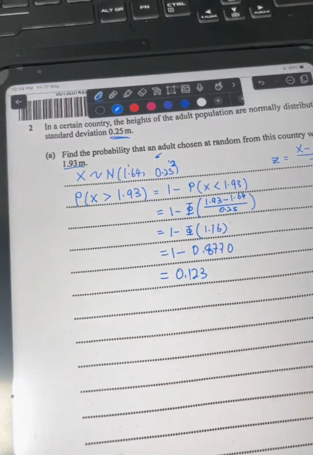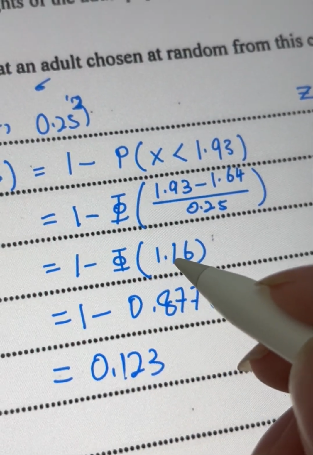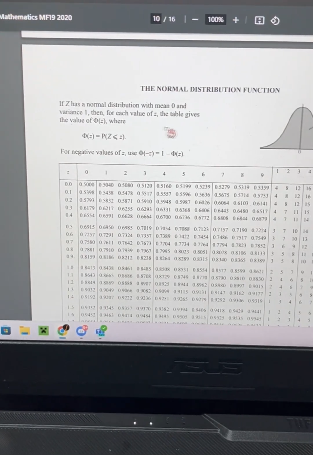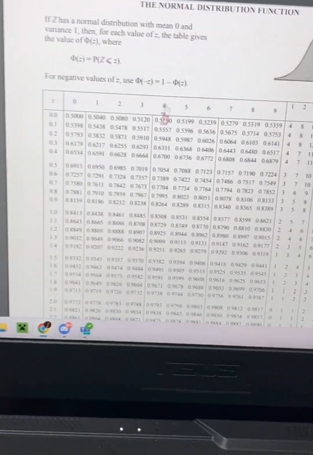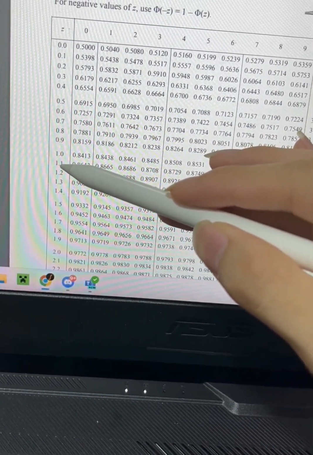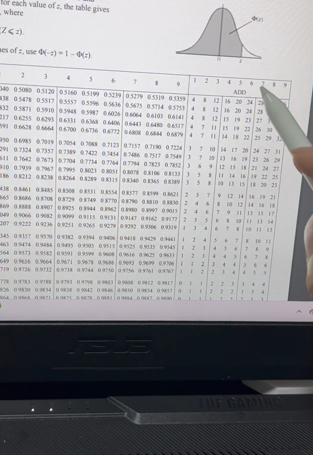Yo guys, welcome to the 3D world. Let's go. Remember I said we want the 1.16. Our z-score is 1.16, so we will use this table here. You start off from the left side, look for 1.1, then the top will be your second decimal, and the next one will be your third decimal.